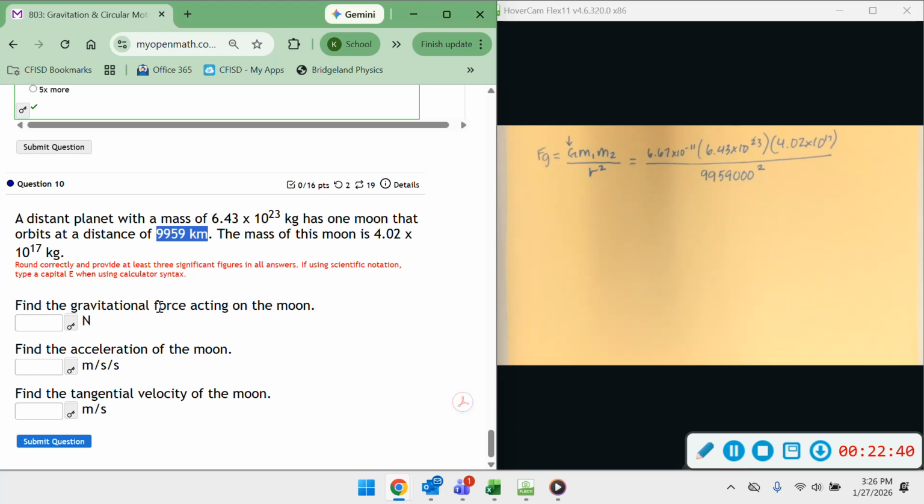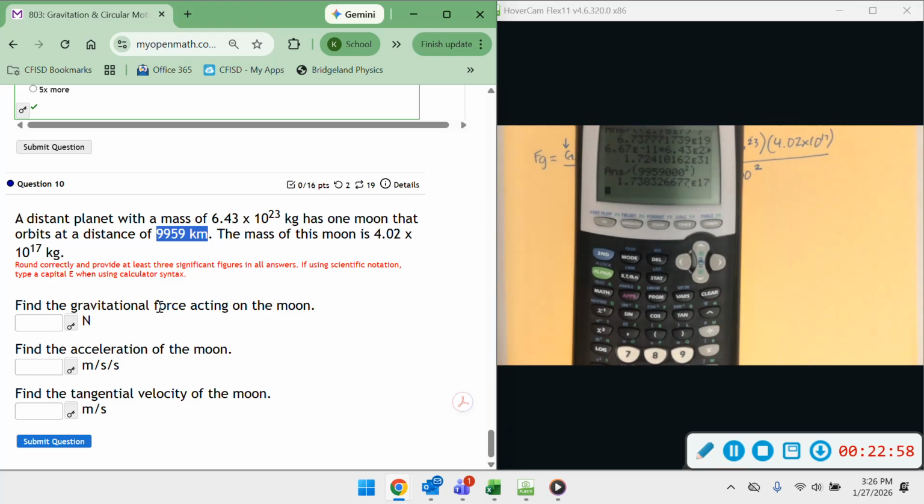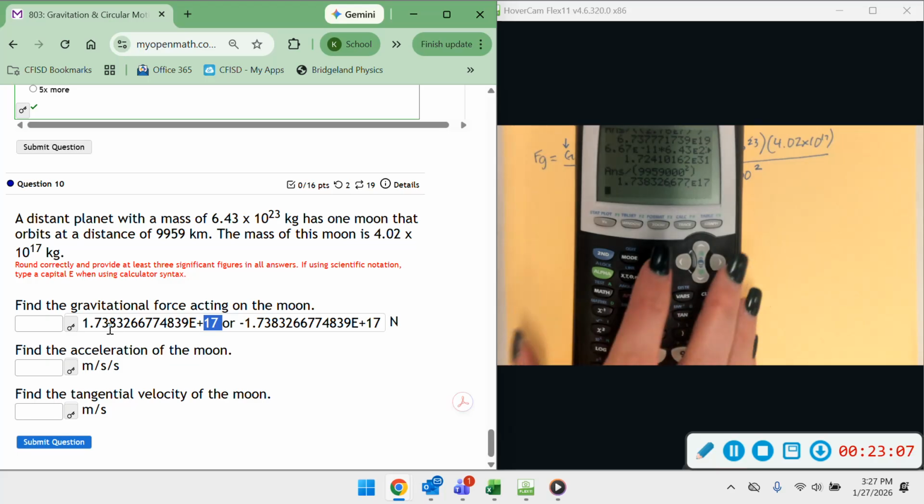Divide all that by my denominator, which is going to be 9,959,000 squared. And again, double checking, make sure I typed it right, and we get this. Force of gravity, I'm getting that. Let's double check. Yep, that looks right. I have the same exponent, and 1.738 looks exactly the same.